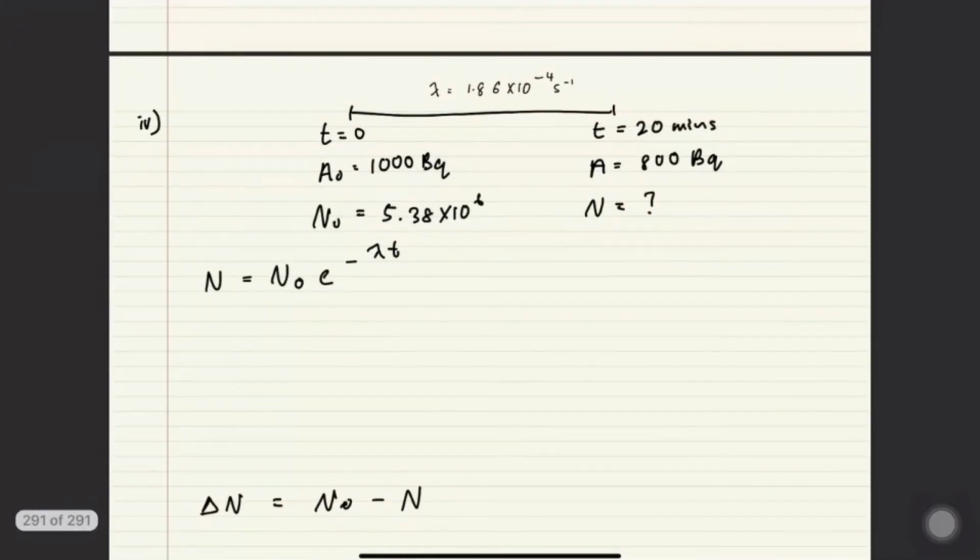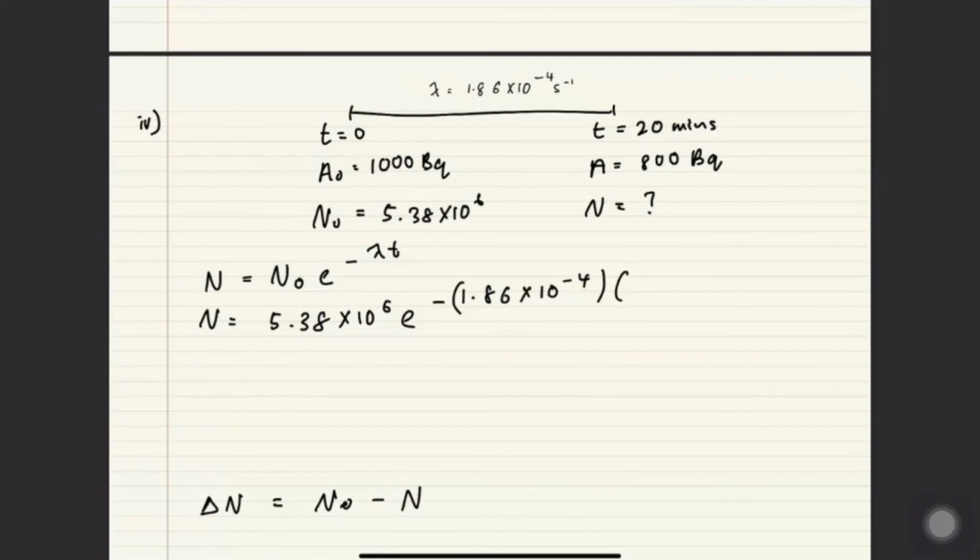So exponent negative 1.86 times 10 negative 4 multiply with time, which is 20 tadi darab dengan 60. Be careful with the negative, negative tu jangan lupa letak dekat exponent tu.